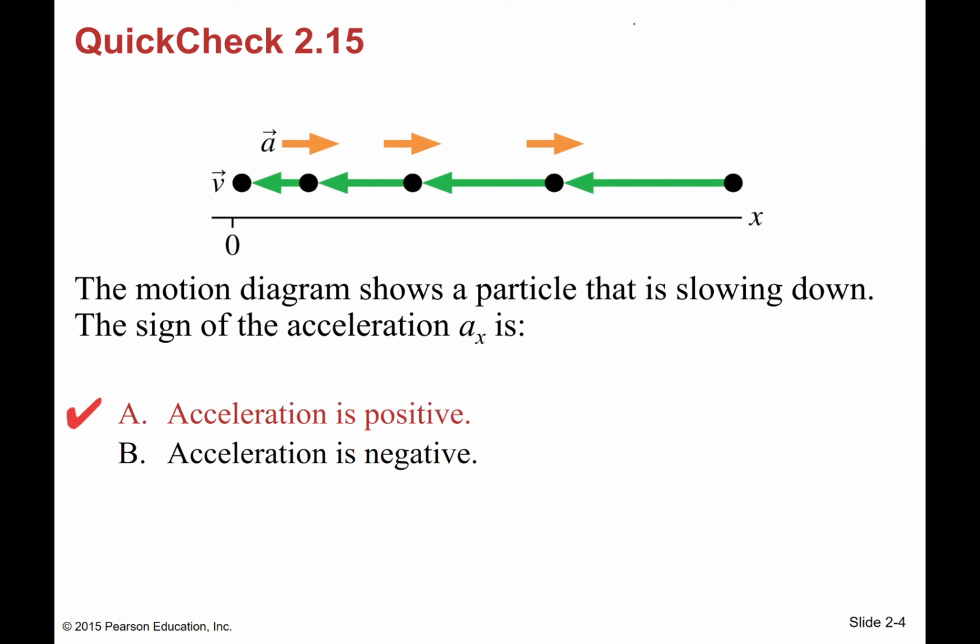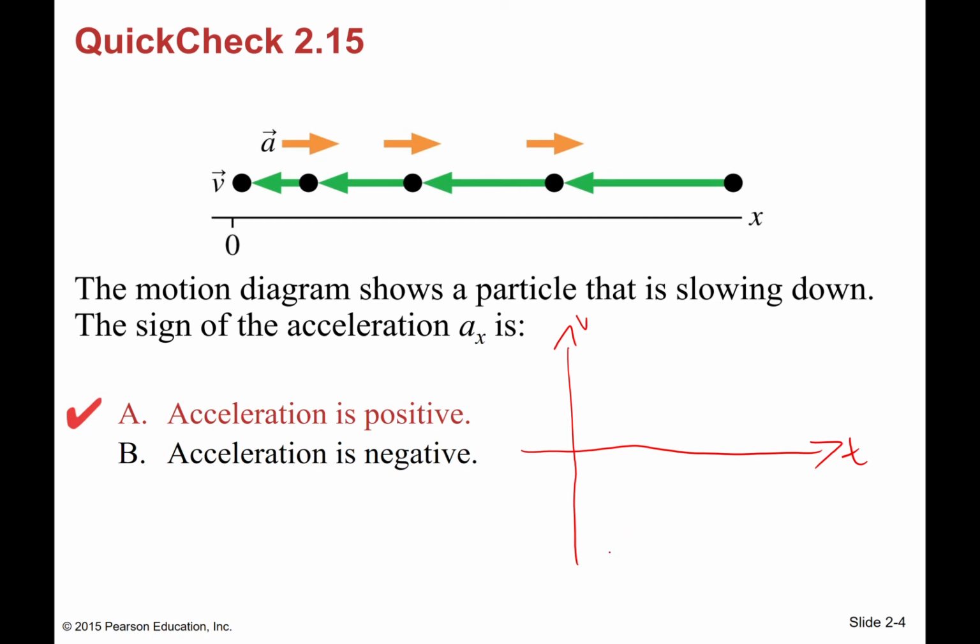So why is that? Okay, let's plot a velocity versus time graph here. This is time, this is velocity, and the velocity is negative. That means it is under here, on this quadrant.